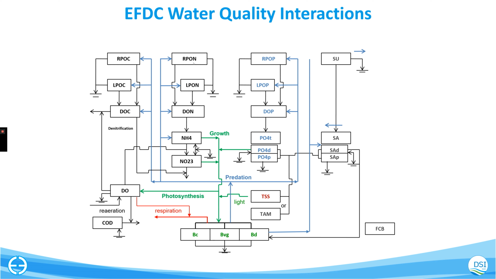You can see there's a lot of interaction going on in these water quality models. It's a food web in the water column for the algae, protozoa, and everything in the water column.